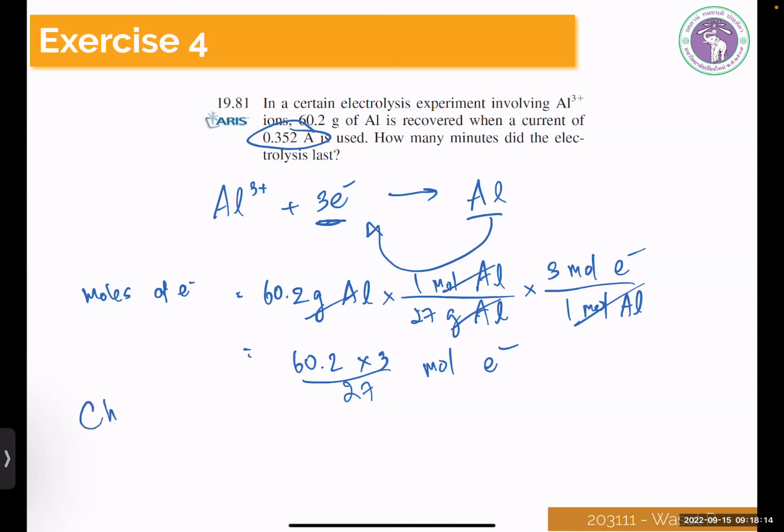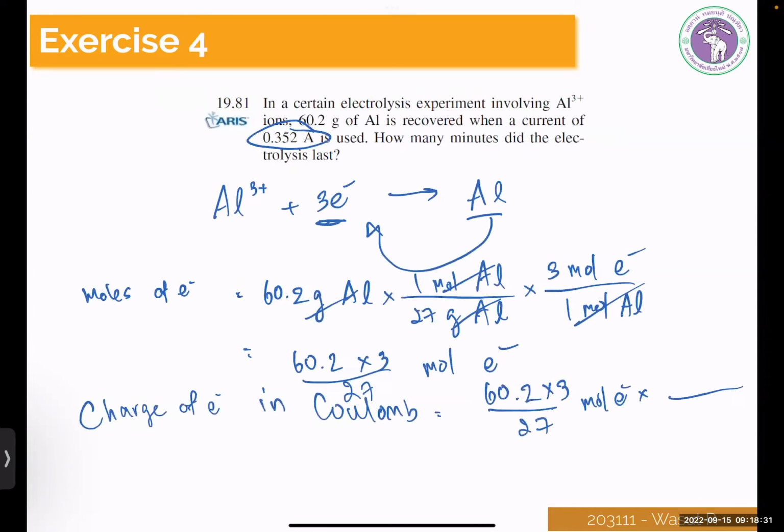So the charge of electrons in coulombs equals 60.2 times 3 over 27 moles of electrons, times 96,500 coulombs per 1 mole of electrons. This is essentially Faraday's constant, F, that we used in the previous lecture.